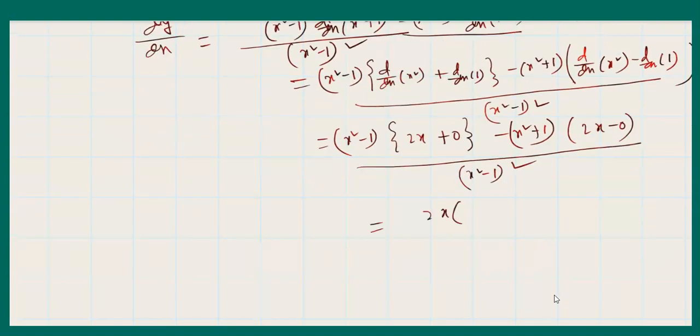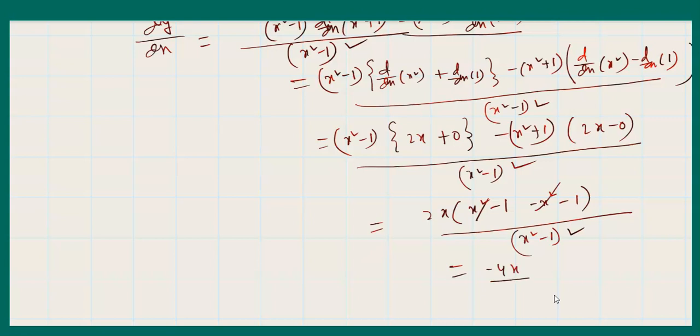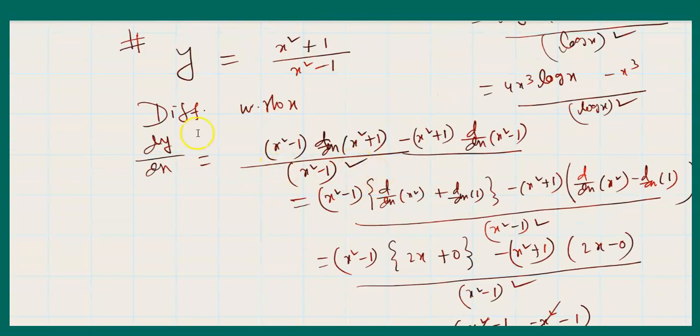In the numerator you take 2x common, x square minus 1 minus x square minus 1, these get cancelled, giving minus 4x by x square minus 1 whole square. Okay, so this is the value of dy by dx when there is a quotient of two functions.